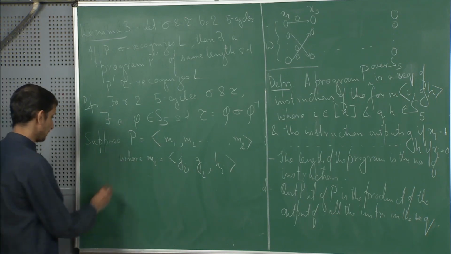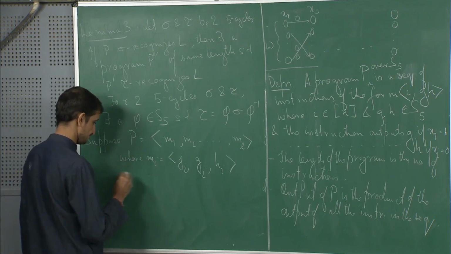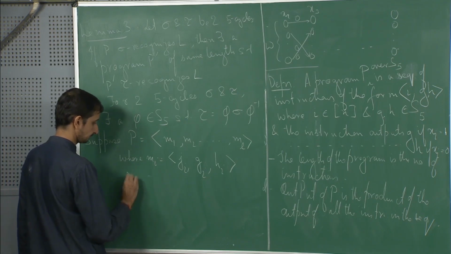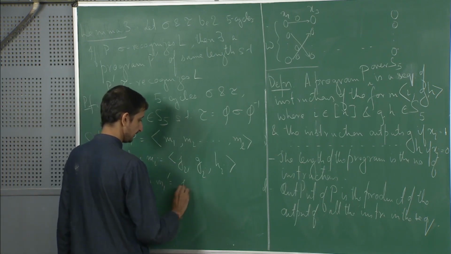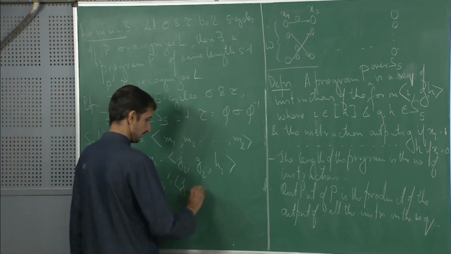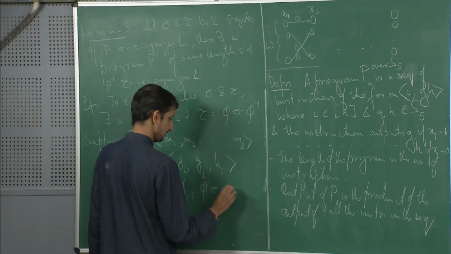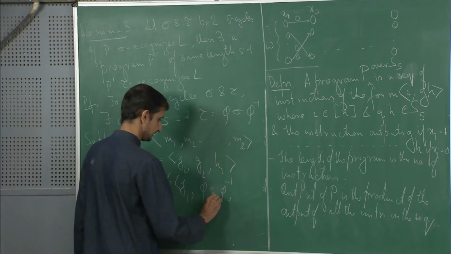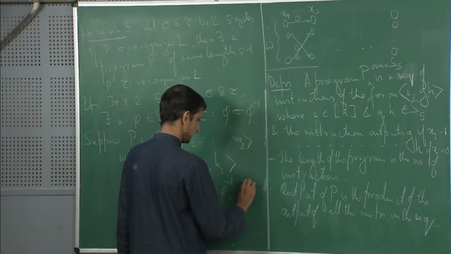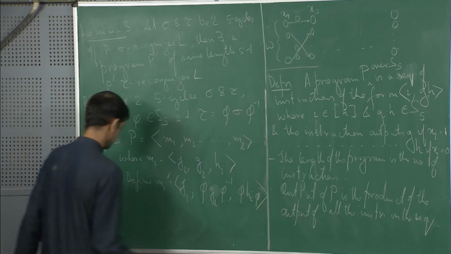Now, we define Mi prime to be Ji, phi Gi phi inverse and phi Hi phi inverse.